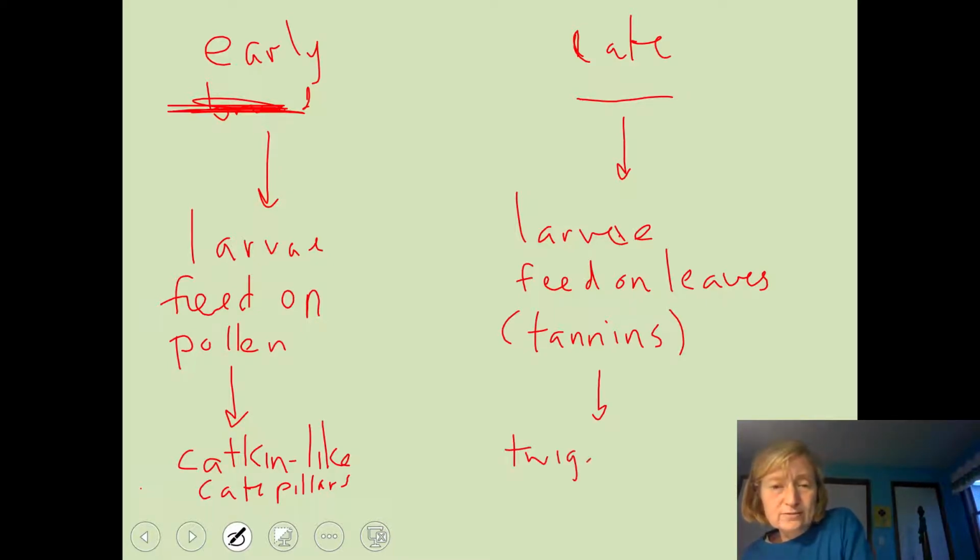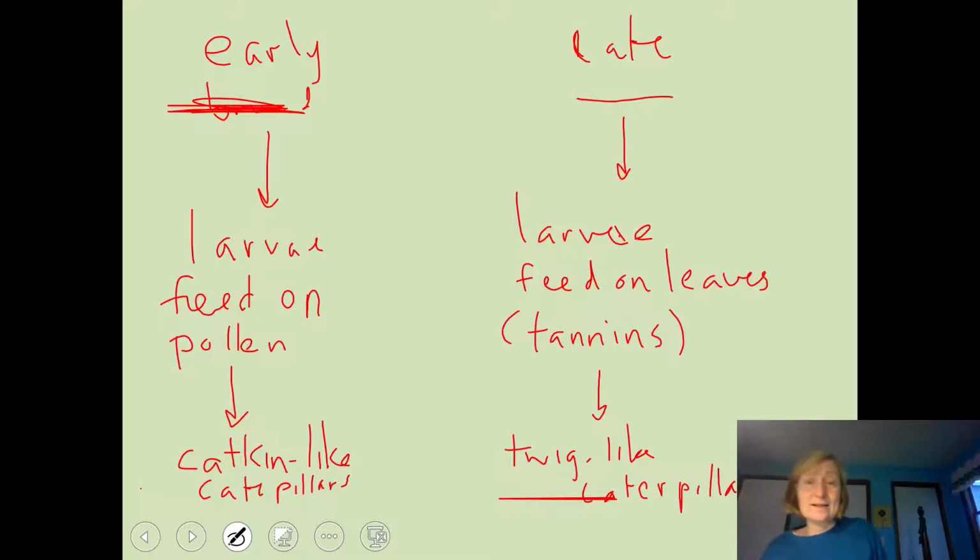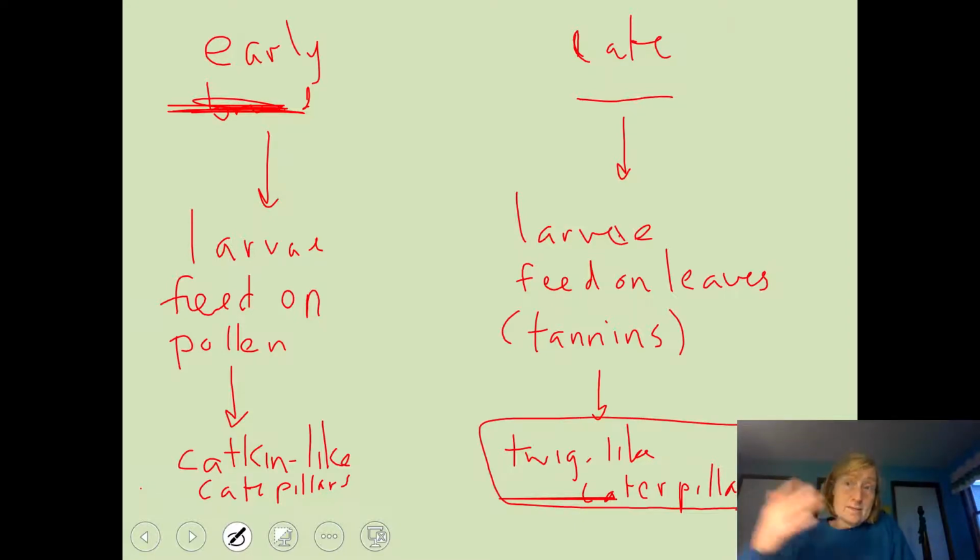They look much more like where they live. Where do they live? They live on the twigs of oak trees. They look very different. They're not as big. They're not as likely to do as well, but they still often survive, and they themselves go on to breed later on. So they're still somewhat successful.